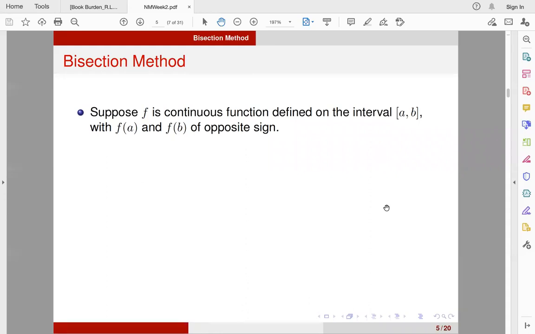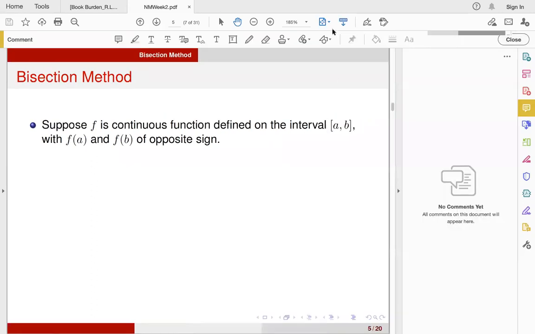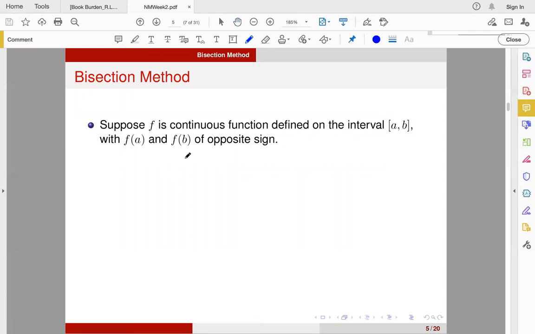Therefore, because the graph is continuous, it must intersect the x-axis. Okay, so this is the case. It's guaranteed that our problem has a solution.